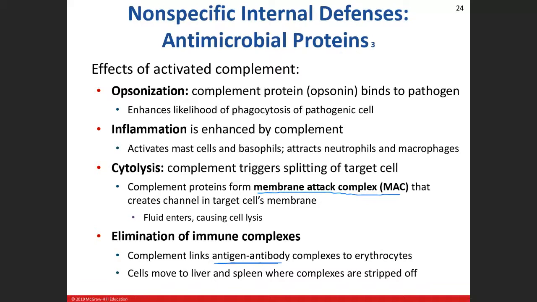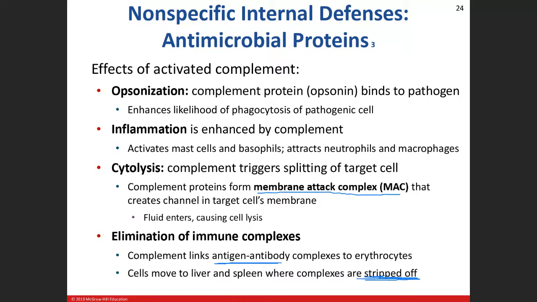Maybe a wandering phagocyte will engulf it, but if complement's nearby, the complement will attach onto it, and that allows that whole complex to hook on to a red blood cell. Then, as you know, the red blood cells will circulate through specific organs, and when it gets to the spleen or the liver, it strips off those complexes there.